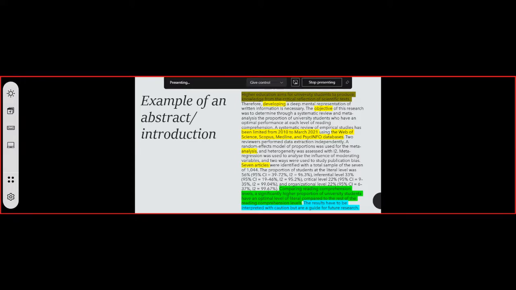And very importantly, they now give you a limitation here as well when they say the results have to be interpreted with caution but are a guide for future research. So in this section they give you an indication of possible limitations but also possible uses for the future. And we'll talk about if you wanted to publish your literature review a bit later on.